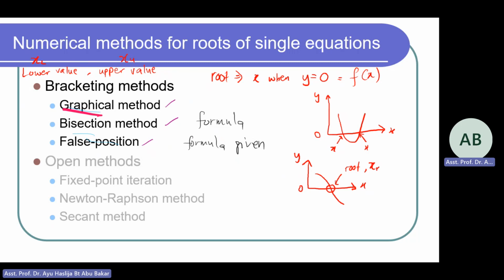You will be given a value or a range. Let's say for the graphical method, you will be given a range. For example, the lower value is 10, the upper value is 20. So you must find the root in between these values.